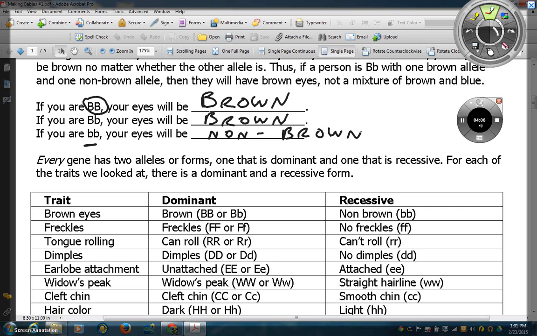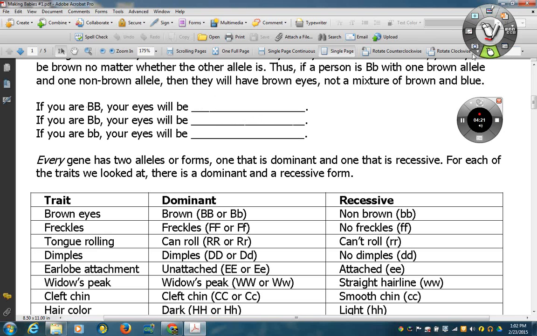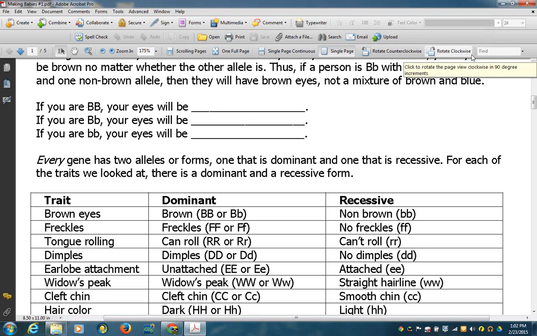All right. So now we're going to determine, every gene has two alleles or two forms. One that is dominant and one that is recessive. For each of the traits we looked at, there is a dominant and a recessive form. So, look at the table here, and you can follow along.